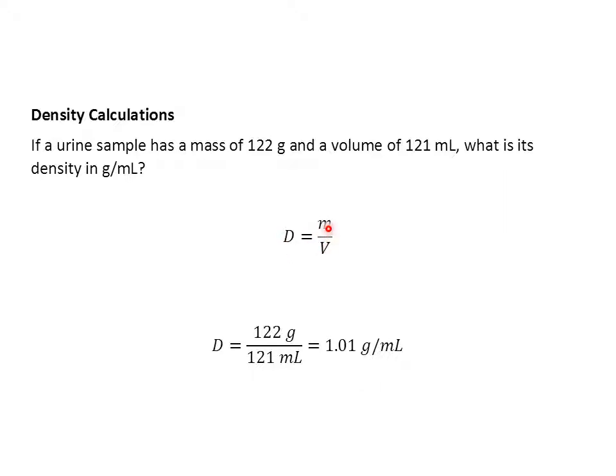D is the density, M is the mass, V is the volume. And so we have a mass that is 122 grams, so that's going up top, and a volume that's 121 milliliters, so that goes on bottom. So you divide the 122 by the 121 and you get 1.01 grams per milliliter.